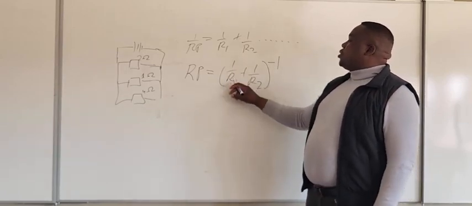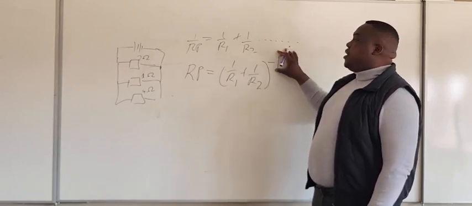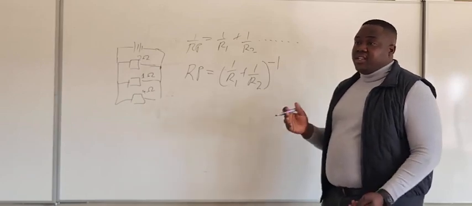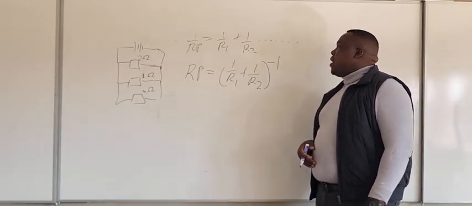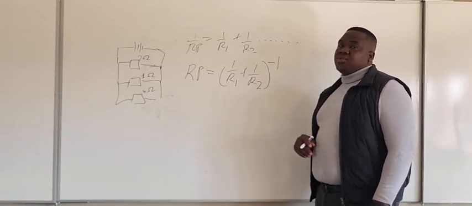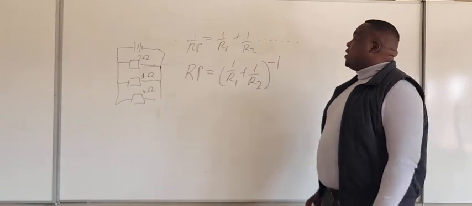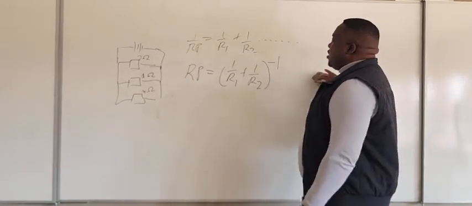To avoid you having to make RP the subject of the formula, which is difficult for you, you just put 1 over R1 plus 1 over R2, you put everything to the power -1. Then you get the correct answer by doing that. Let us try this one. Let us compare the method and see if we get the same answer.